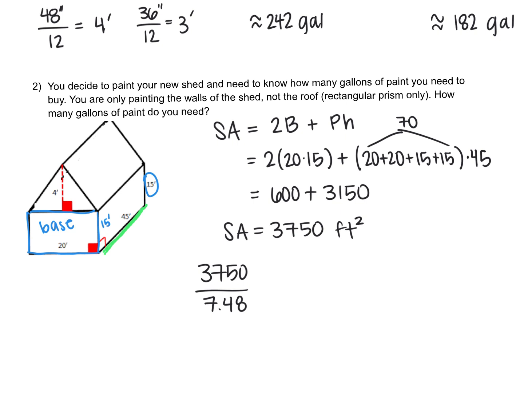So 3,750 divided by 7.48 is going to give us 501.34 gallons, which again, we have to round up to a whole number because you can't really buy paint in decimal gallons. So we need about 502 gallons of paint.